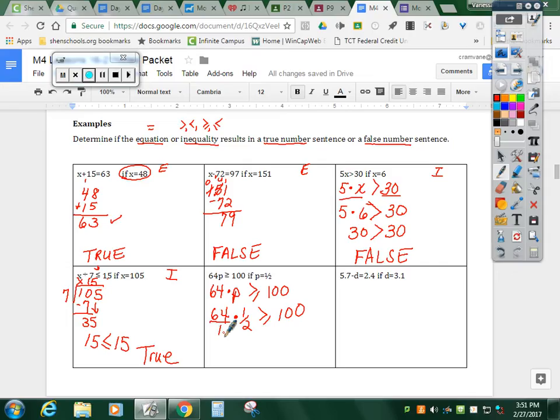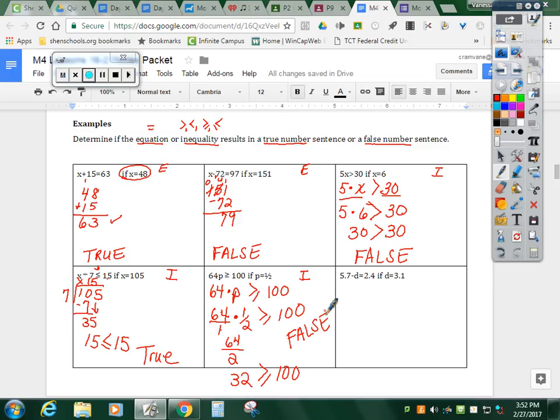So I'm going to put a 1 underneath the 64, and then I'm going to do top times top, bottom times bottom. So it's 64 over 2, or 64 divided by 2. When I divide 64 by 2, I get 32. Is 32 greater than or equal to 100 in this inequality? No. Okay, it's not. So this is a false number sentence.